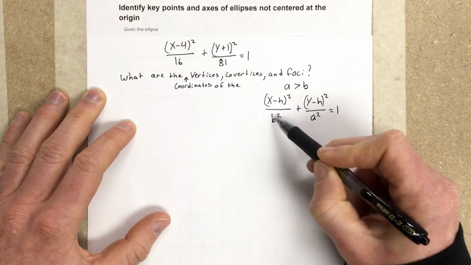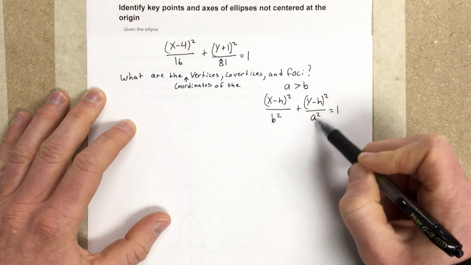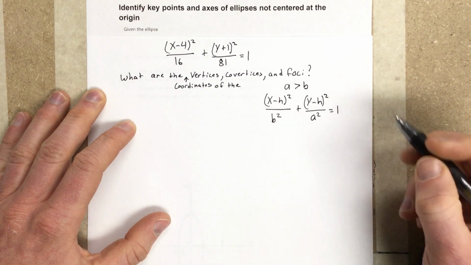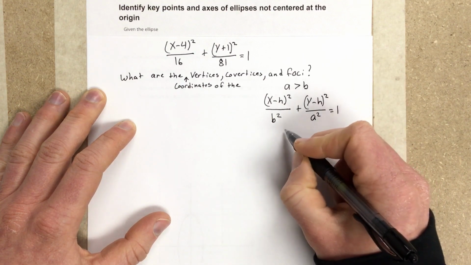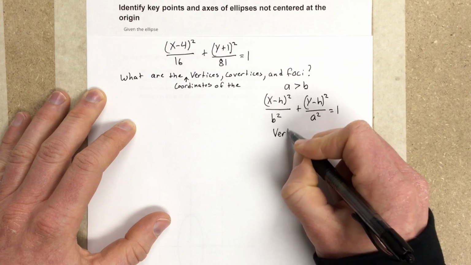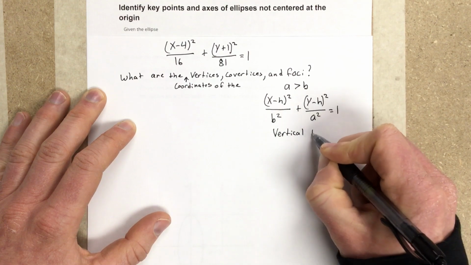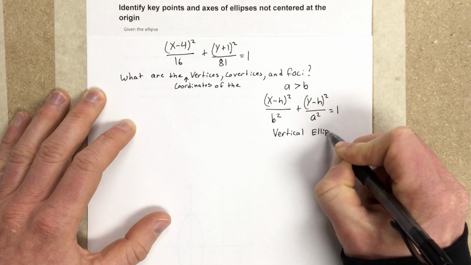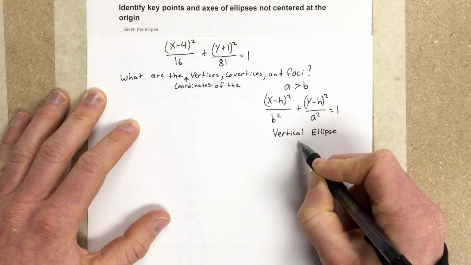And because b is underneath the x value and a is underneath the y value, that tells me I have a vertically oriented ellipse. So, vertical ellipse.